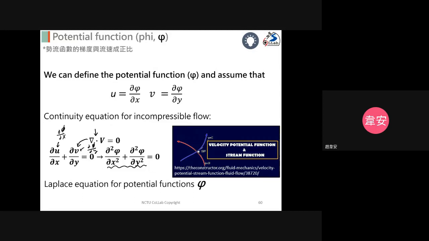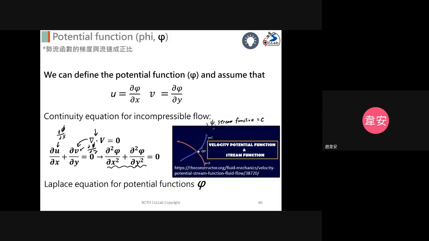The right-hand side is a cartoon figure showing the blue lines, which are the stream functions. If the stream function is equal to a constant, you can define the contour of the streamlines.